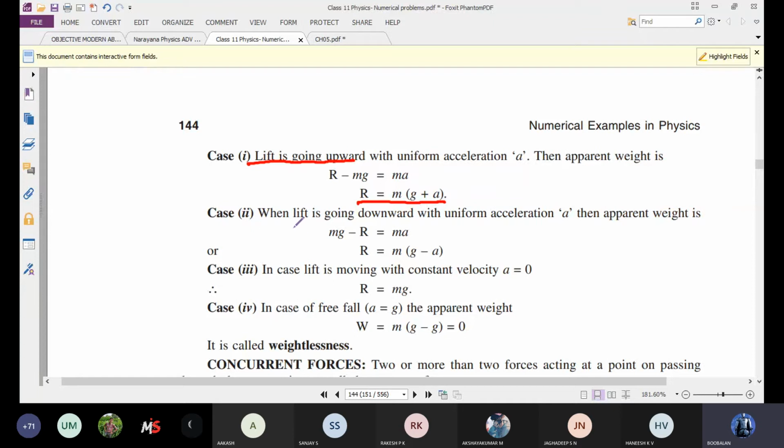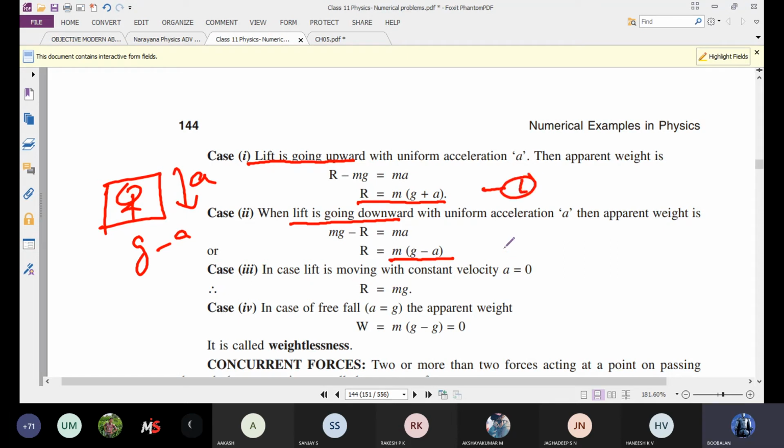Second condition, lift going downward, g minus a. So the apparent weight is m into (g minus a). Mass is constant.